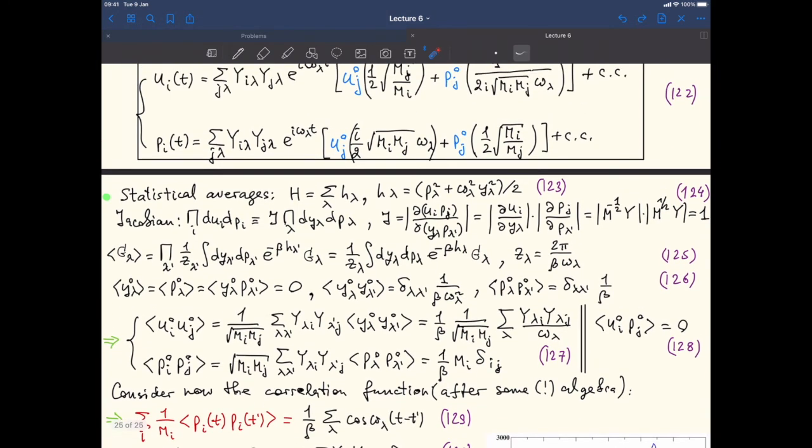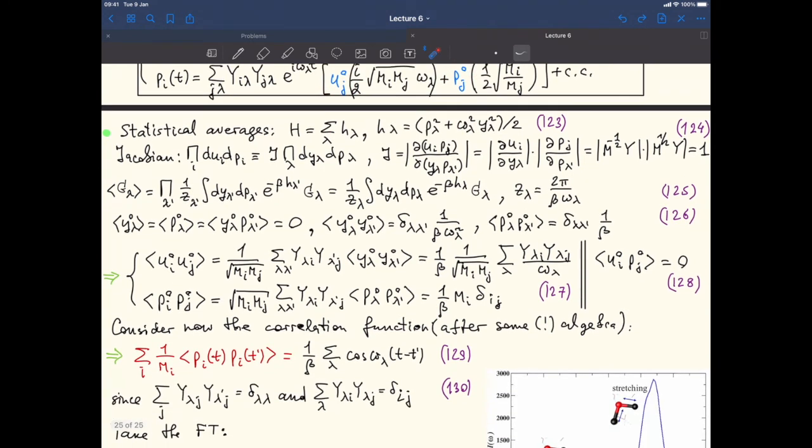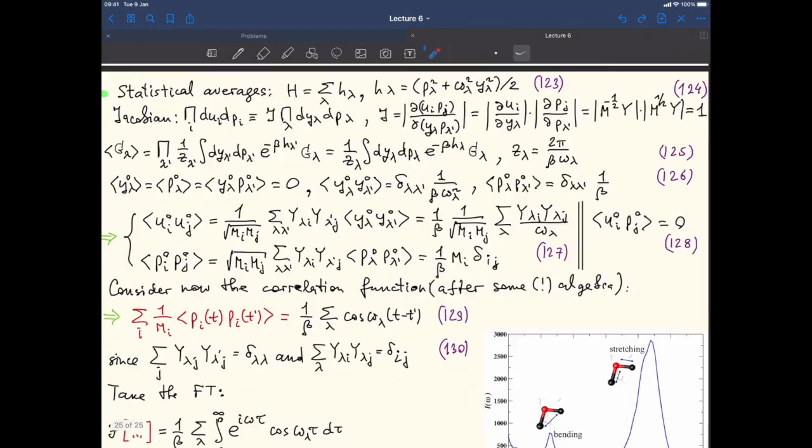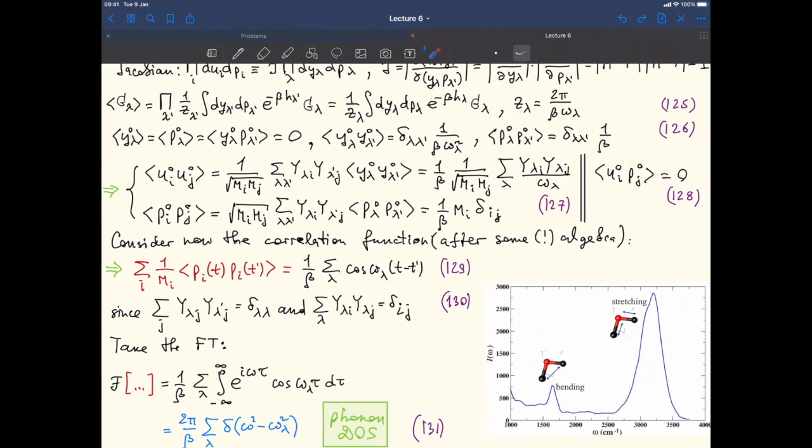And when we do take the average, there will be products of averages of u with u, p with p, and u with p, with different indices. And these are given by expressions here, here, and here. So we have just worked them out. And after some rather long algebra, you would find that that particular expression is equal to 1 over beta and the sum of the cosine functions over all normal modes.